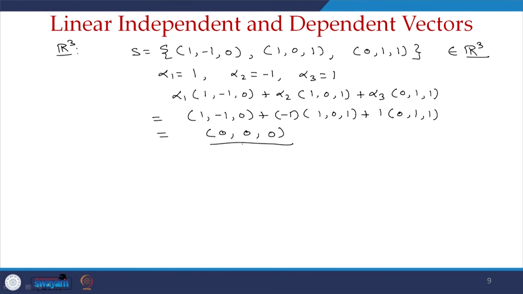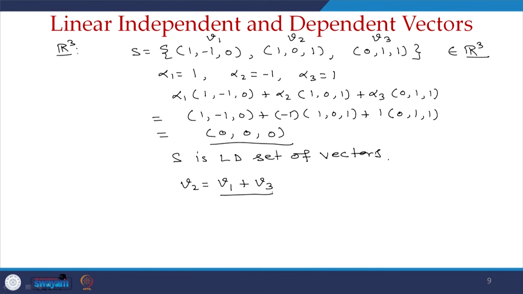Hence, I am getting alpha 1 v1 plus alpha 2 v2 plus alpha 3 v3 equals the 0 vector when alpha 1, alpha 2 and alpha 3 are non-zero. It means S is an LD set of vectors, or these vectors are linearly dependent. If I take them as v1, v2, v3, I can write v2 as v1 plus v3.